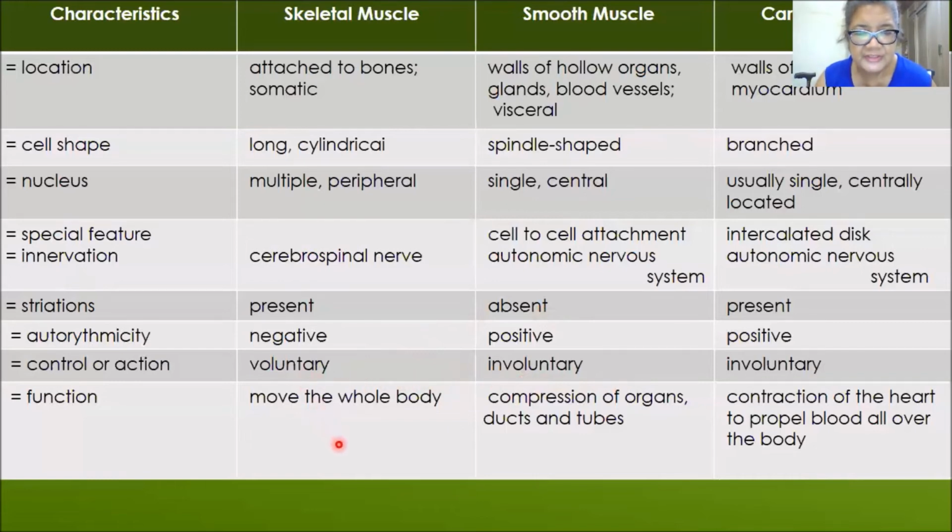The function of the skeletal muscle is to move the whole body, while the smooth muscle compresses organs, ducts, and tubes so that the contents will be evacuated. Whereas in your cardiac muscle, there is contraction of the heart to propel blood all over the body.